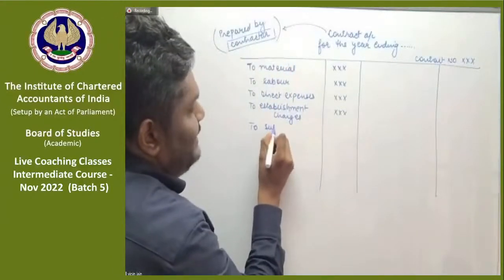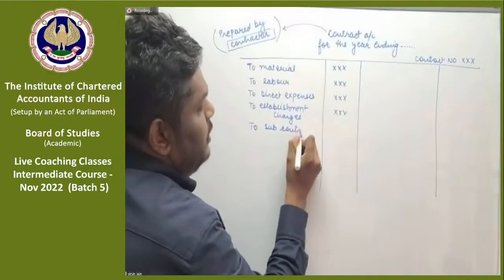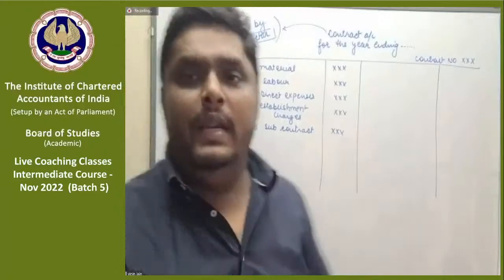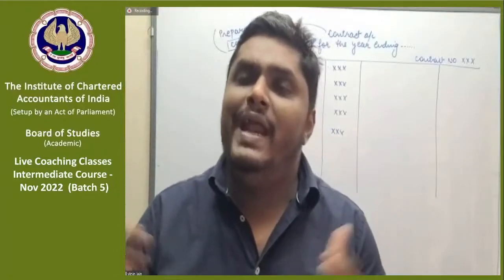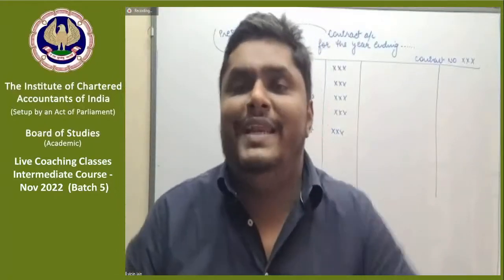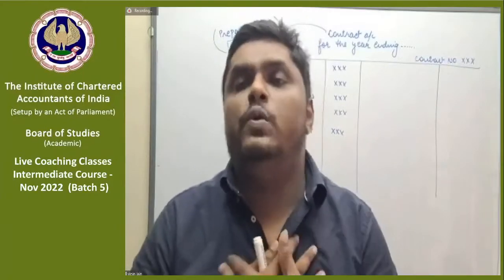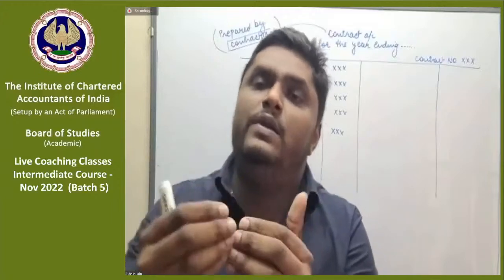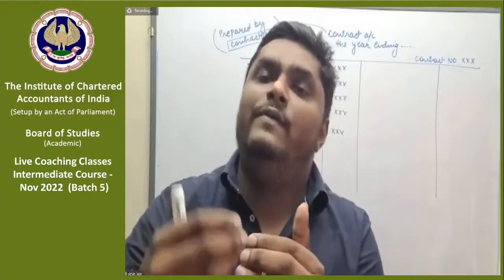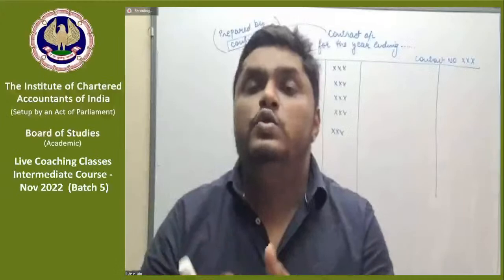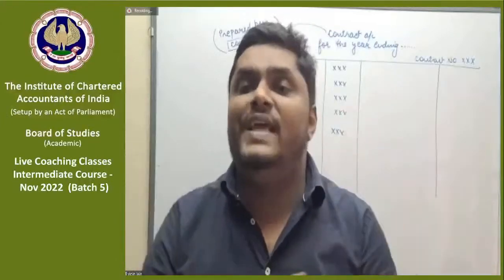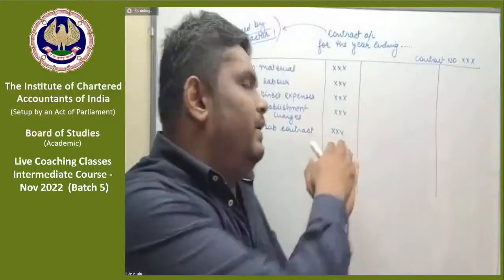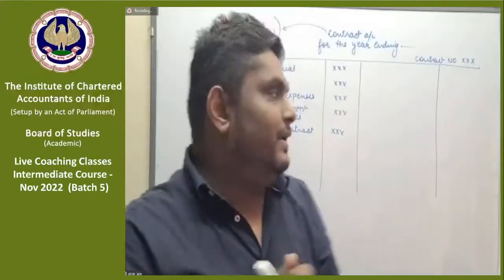So subcontract is also an expenditure for us, so it will be recorded in the contract account. I repeat again, the Mumbai-Nagpur Expressway contract has been awarded by the Maharashtra government to my company, and I have given it on job work, or subcontract, to some other company for construction of 10 flyovers. So the amount paid to them is the cost of subcontract. It will be recorded in the contract account.